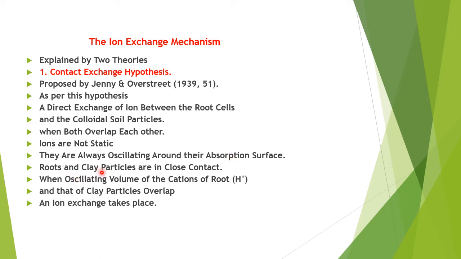So roots and clay particles are in close contact. Whenever they come in close contact, and the oscillation volume of the cations of roots, suppose protons, and that of the clay particle overlap, ion exchange takes place. So as the literal meaning is, the ions are exchanged. How are they exchanged?